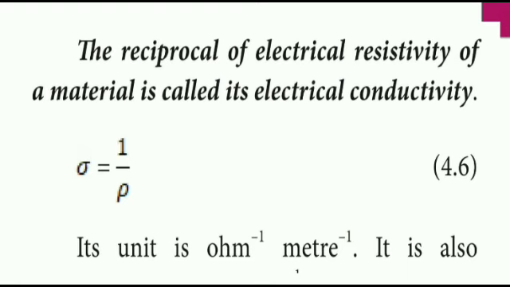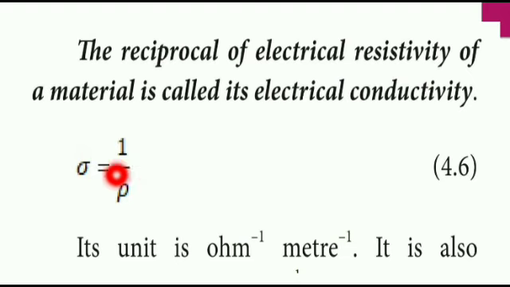Conductance is over. Now come to electrical conductivity. It is very simple: the reciprocal of resistivity is conductivity. The reciprocal of the electrical resistivity of a material is called its electrical conductivity.